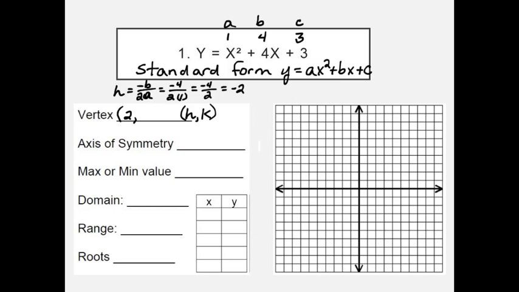Now the axis of symmetry is the vertical line that goes right through the vertex. So its equation is x equals, because it's a vertical line, it's always x equals. And it's going to be, in this case, -2. The equation of the axis of symmetry is always going to be x equals whatever your h value is. Okay?